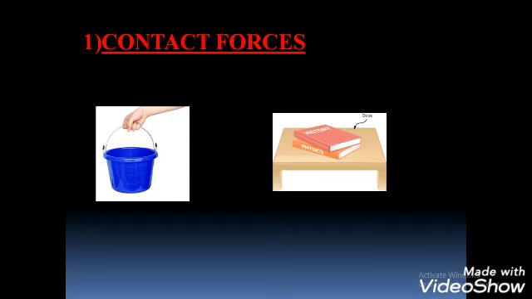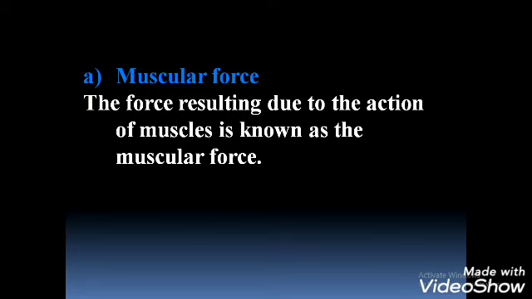The force resulting due to the action of muscles is known as what? Muscular force. The force resulting due to the action of muscles is known as the muscular force. We know that animals also make use of muscular force to carry out their physical activities and other tasks.